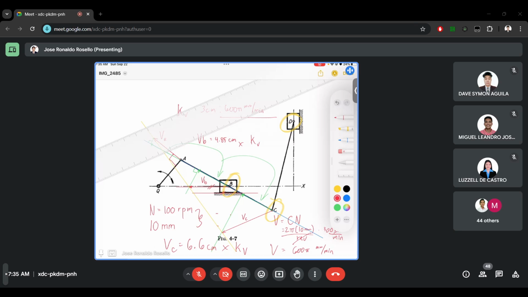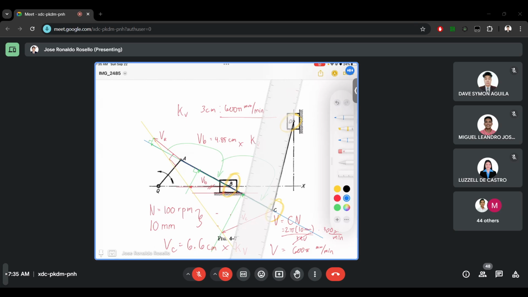Last, for velocity D, we cannot use the components of A on D because A and D are not on the same link. What we can do is use the vector of C as a reference to determine velocity D because C and D are on the same link.